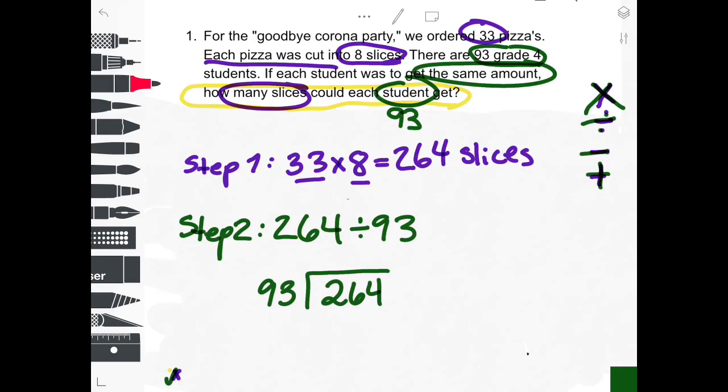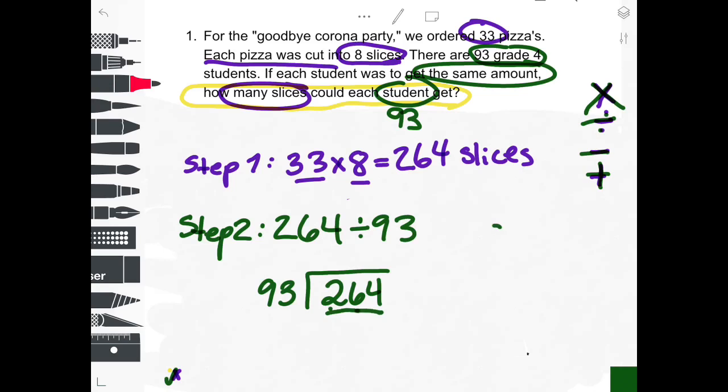So I need to know how many 93s fit into 2. 0. How many 93s fit into 26? 0. How many 93s fit into 264? Well, I don't know that off the top of my head.